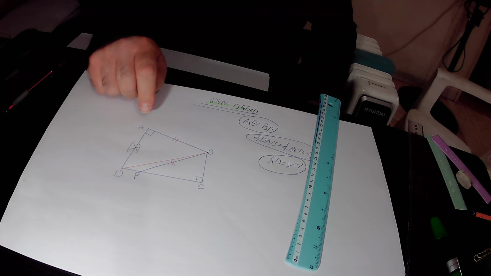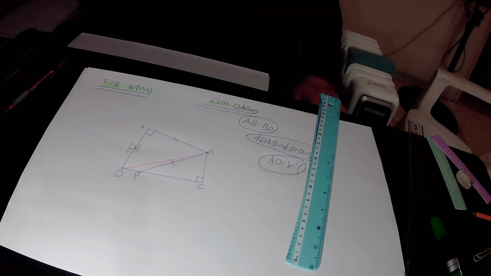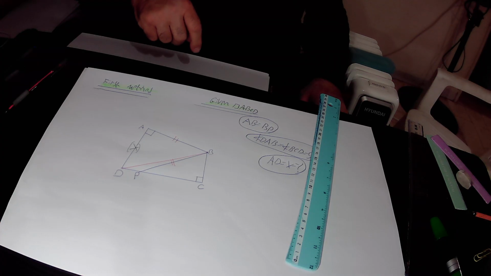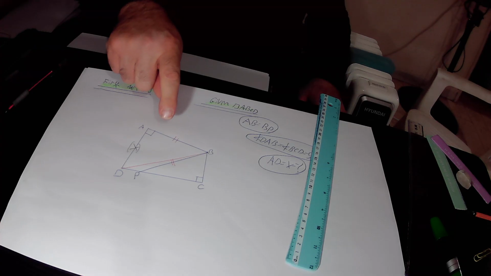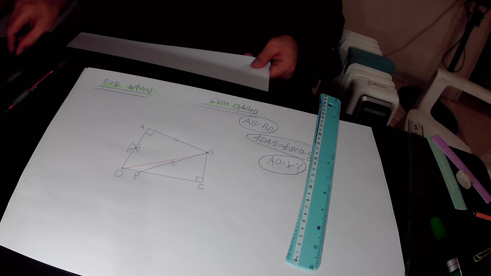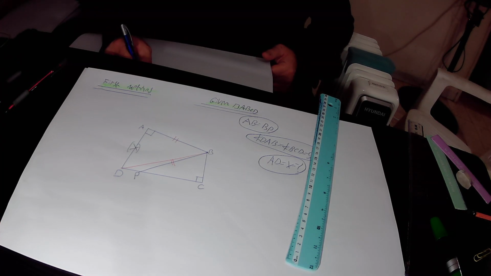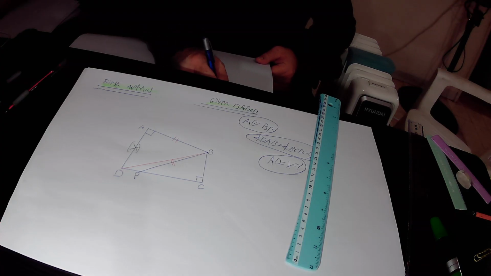The first step, according to the Pythagoras theorem, in any right triangle, the square of the hypotenuse equals the sum of the squares of the perpendiculars. So first of all, we implement the Pythagoras theorem on this upper right triangle, triangle ABD. Here PT is the abbreviation for Pythagoras theorem.